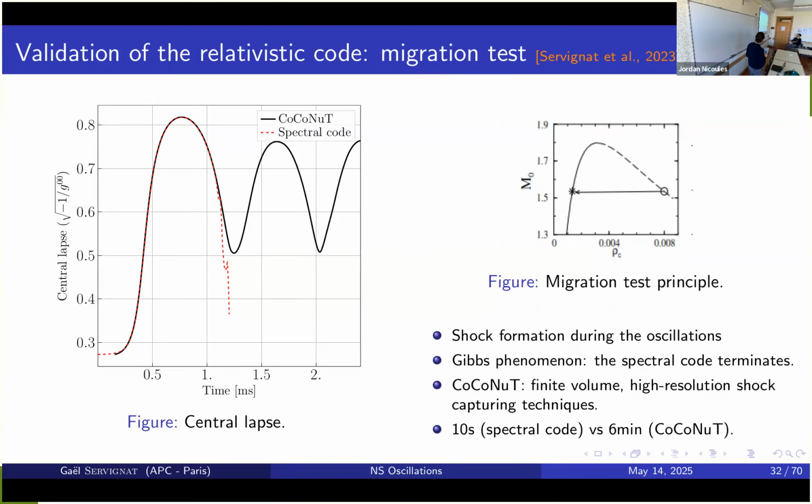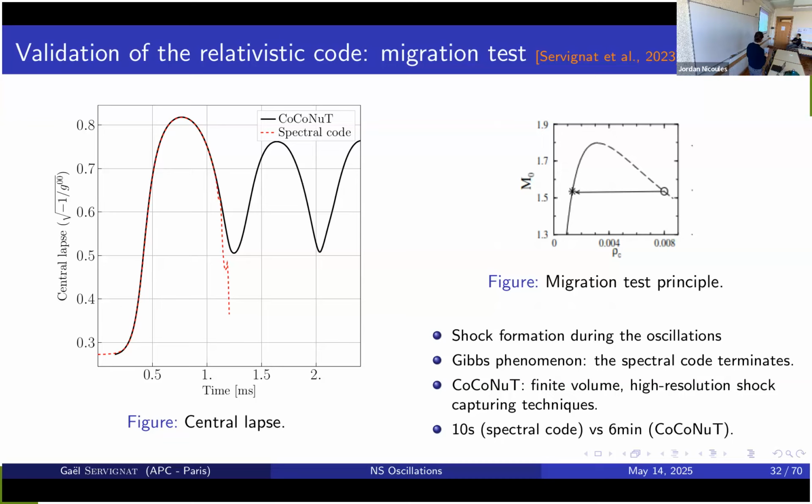The next validation is the migration test. So the principle of this is that this curve is the mass of a static configuration, strictly symmetric, non-rotating, with respect to the central density that you choose to compute your initial data.